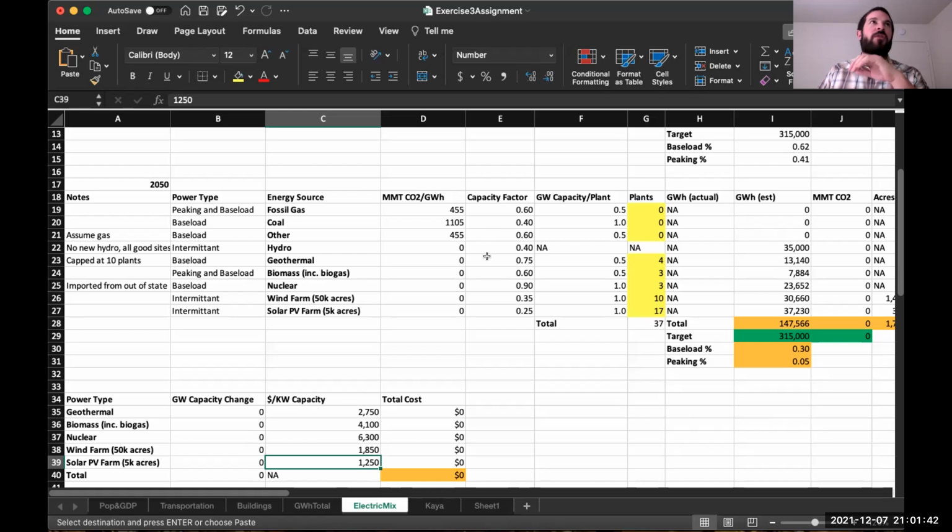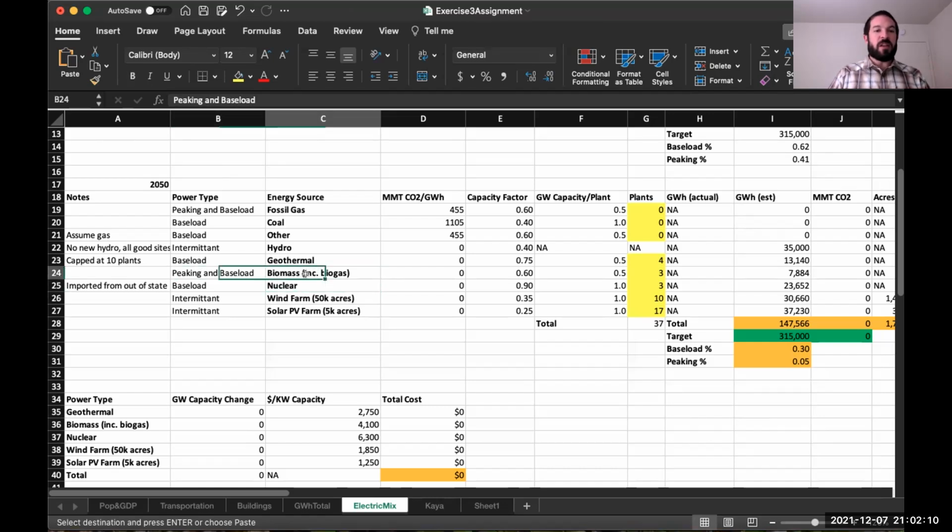There's a lot of other constraints in the system beyond just cost, acreage, and capacity factor. Okay, there's siting. Where do you put it? I have the whole, oh, there's 10 geothermal plants, and it's sort of just like, yeah, okay, there's 10 plants, but you build them far away from everybody. There's line losses. How much energy is lost as you're transmitting the energy from one place to another?